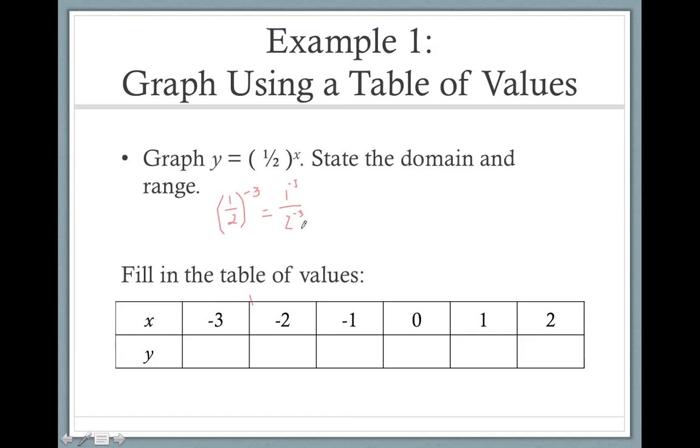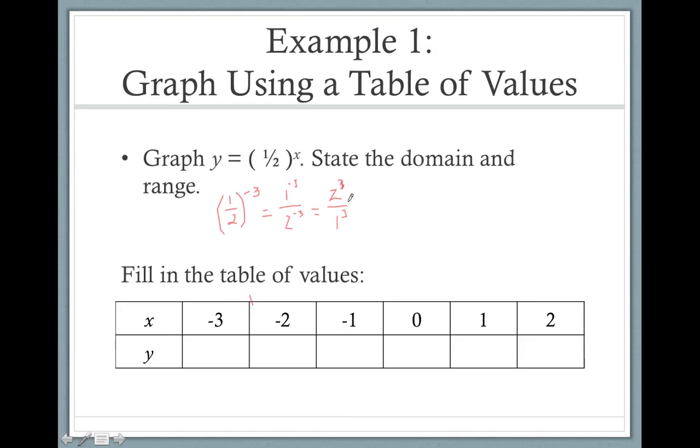But then each of those ends up being negative exponents. So in order to turn them positive, I actually need to flip them around. So I'm going to have 2 to the +3 power. Sorry, that's not looking much like a 3, is it? There we go. Over 1 to the +3 power.